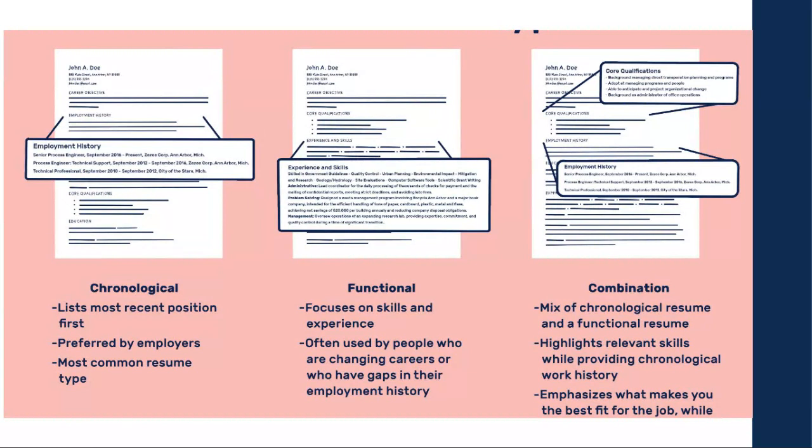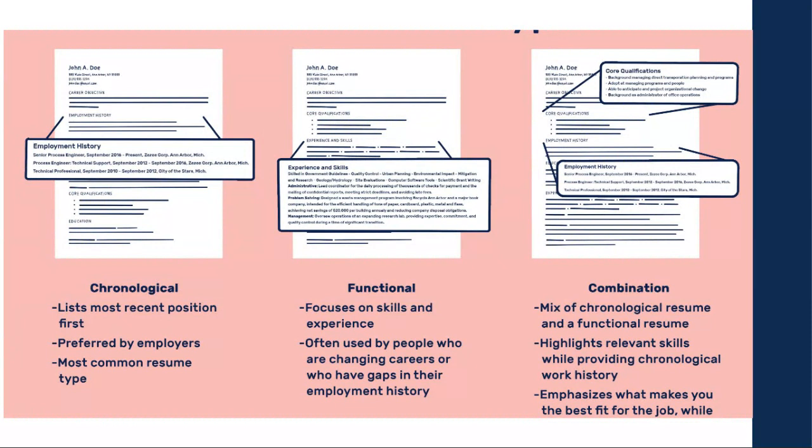So here we first give experience: where we have worked, when we have worked, what we have worked. And later on, below, you can give your education and other qualifications, right? So in reverse chronological, please remember, we mention especially our experiences.